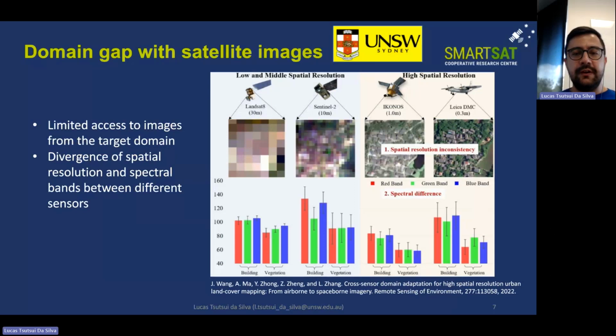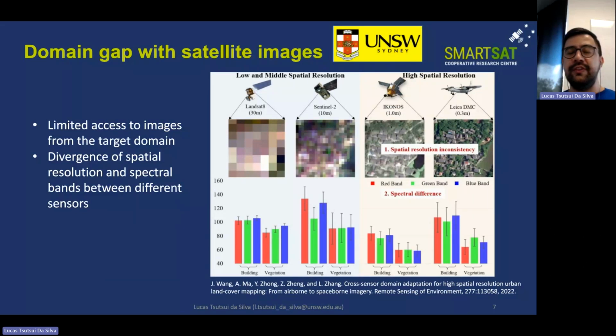Now I'm going to present two problems that we are working on. If you are working with machine learning for a satellite application, you know that it is usually hard, almost impossible, to find a data set that has images captured by a similar sensor that you plan to use in your application.